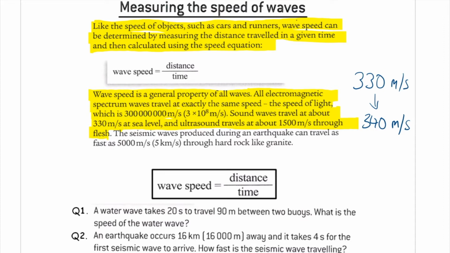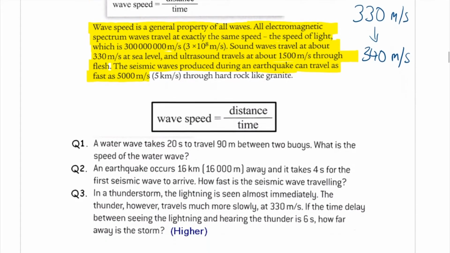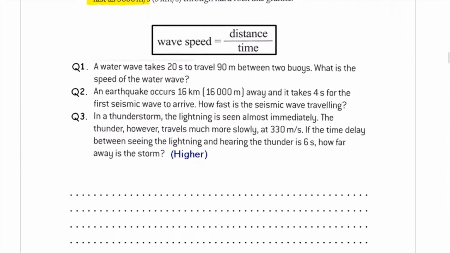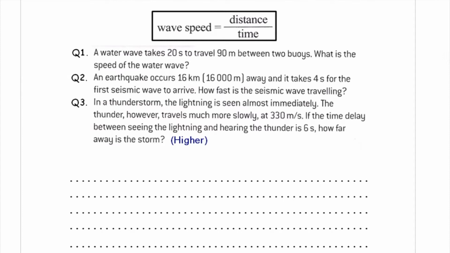Seismic waves produced in an earthquake can travel as fast as 5,000 meters per second. You'd have used the equation speed equals distance over time in Year 9.